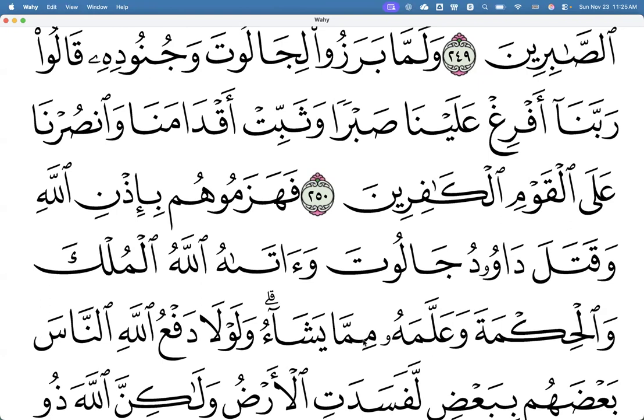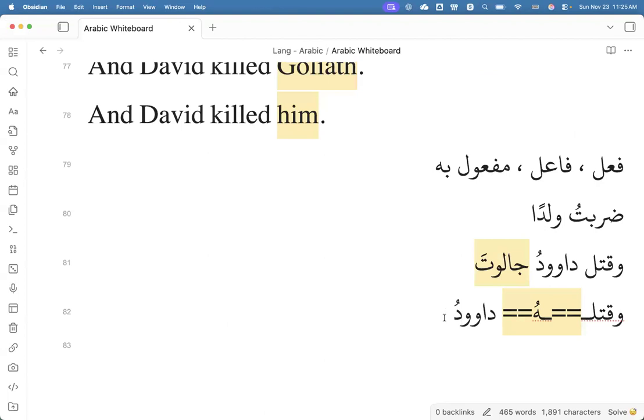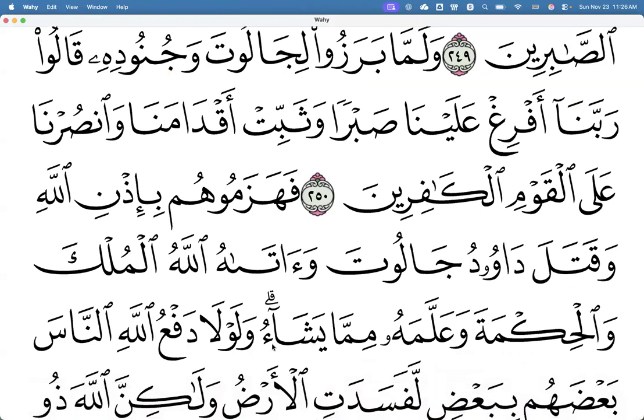Mimma yasha. Mimma is like this: min ma, together it becomes mimma. Min ma yasha. From what he wills. From what Allah wills. From what Allah wants.